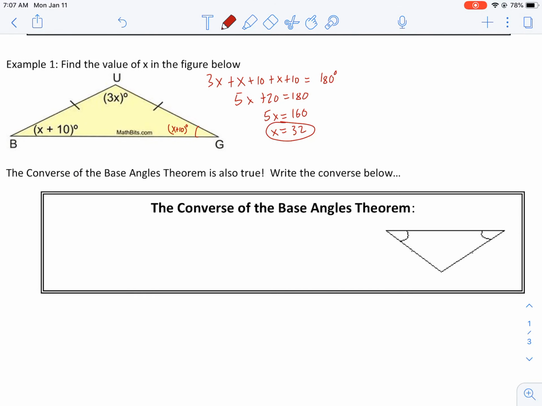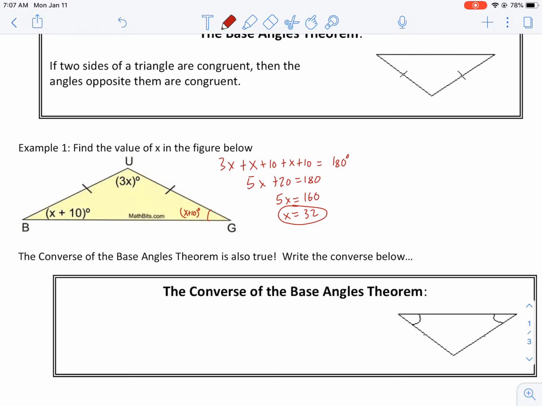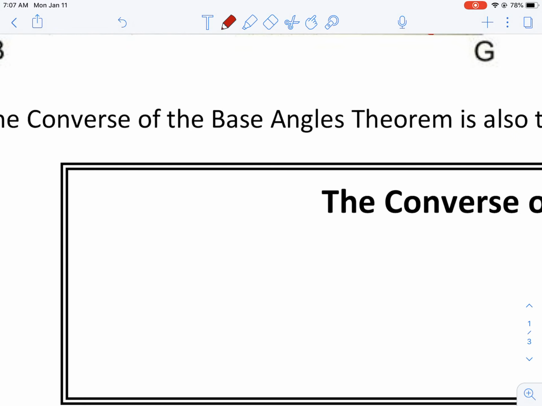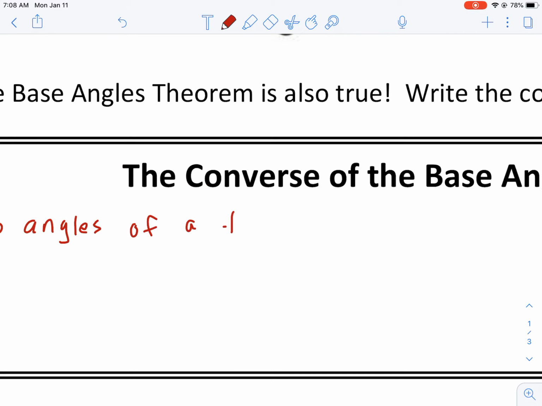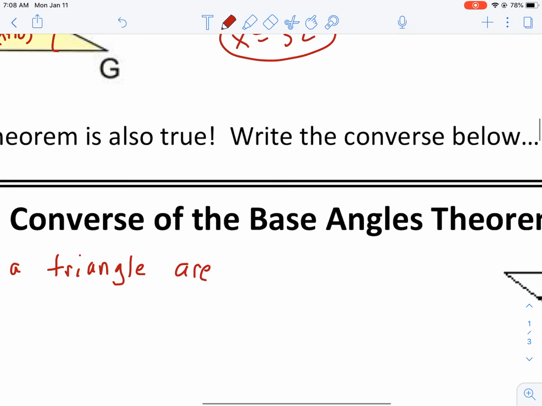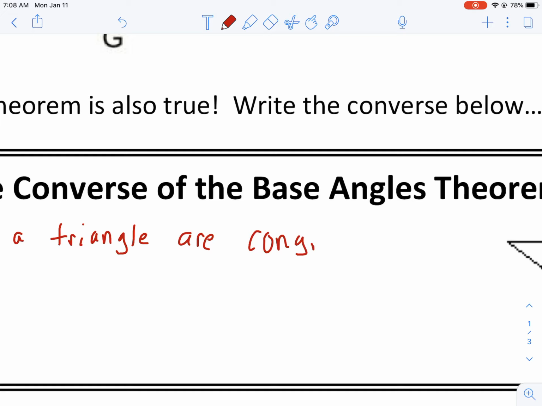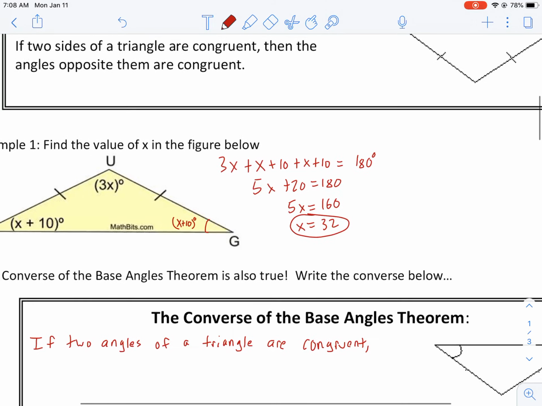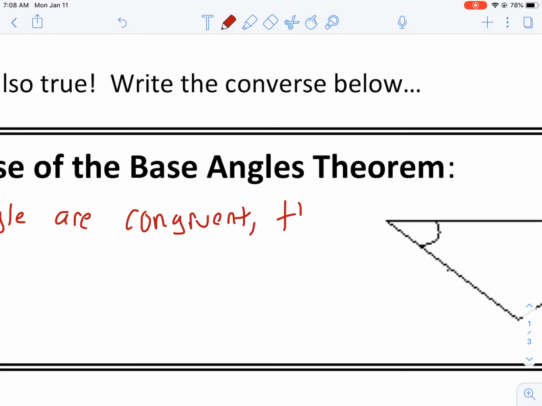We also have the converse, right? So if you remember, the converse is when you switch the order around. So the converse of the base angles theorem would say if two angles of a triangle are congruent, then the sides opposite are congruent.